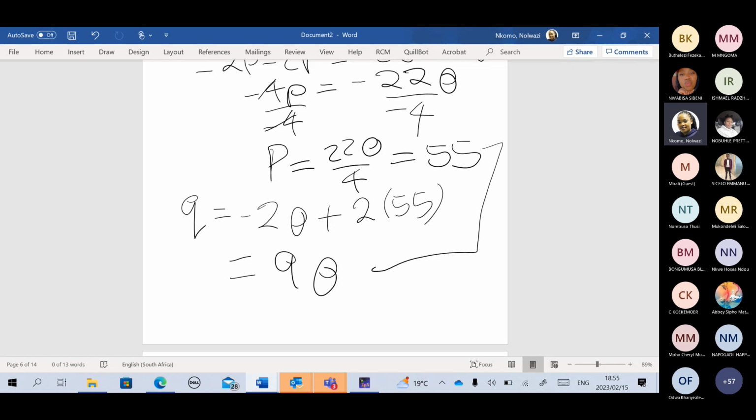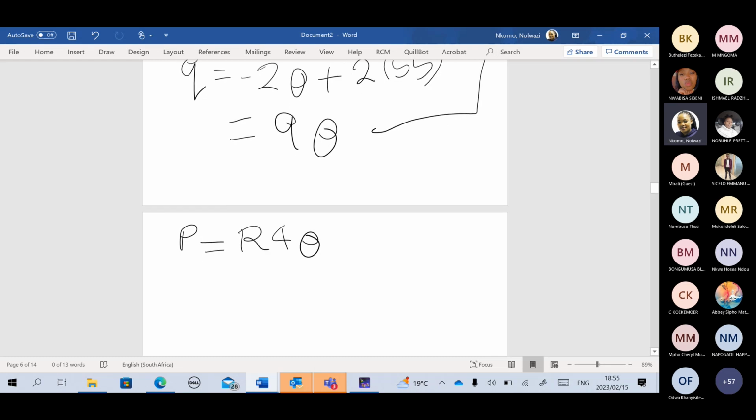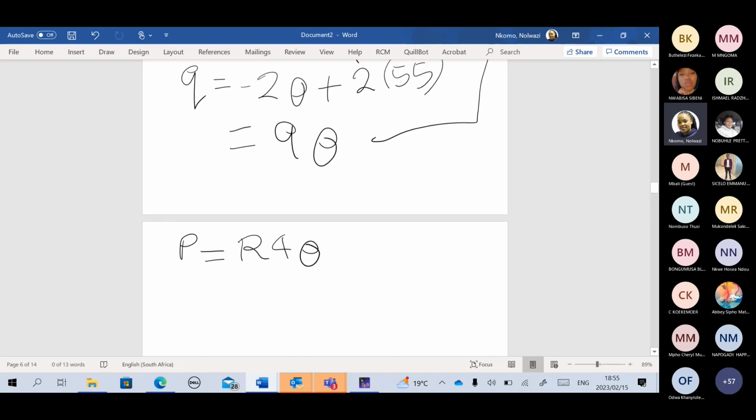Okay, suppose we have that case. Say we have our new P as 40, right? Okay, we need to find the quantity that will be demanded or supplied at this price, right?